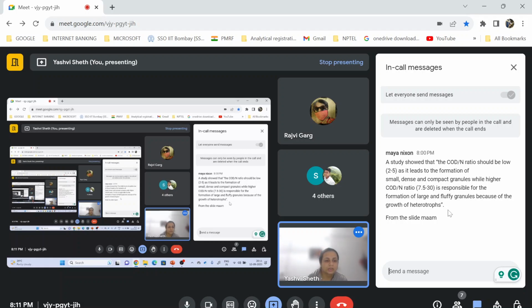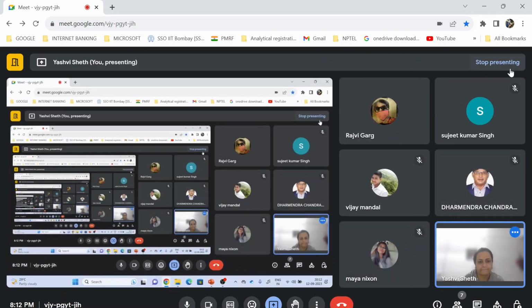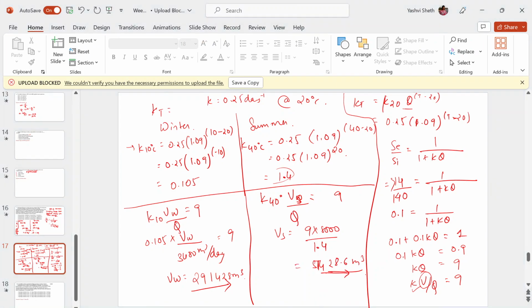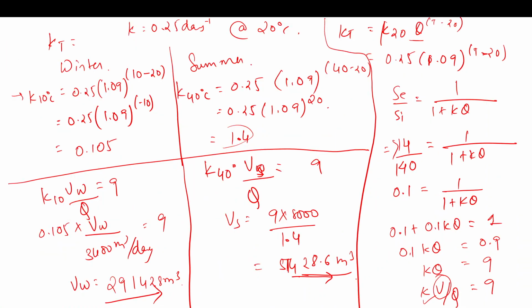For the COD to N ratio which is high, it will have large and fluffy granules because of the growth of heterotrophs. So, okay, large and fluffy granule is the correct answer. Are you getting the answer for this question for now? Okay, so let's move forward.